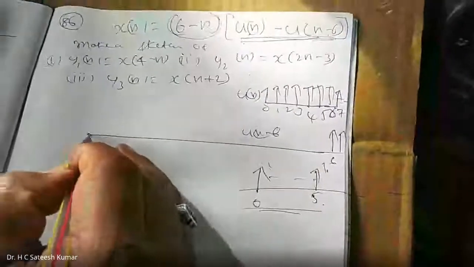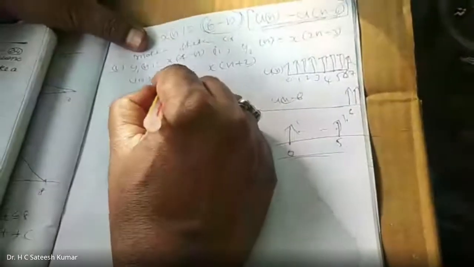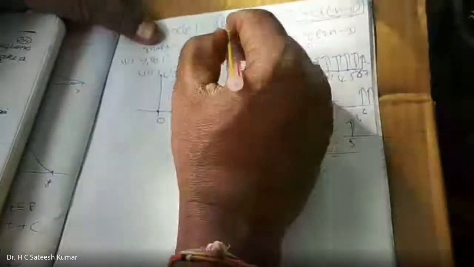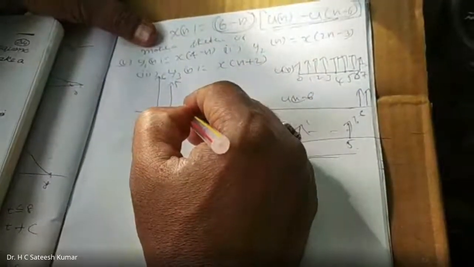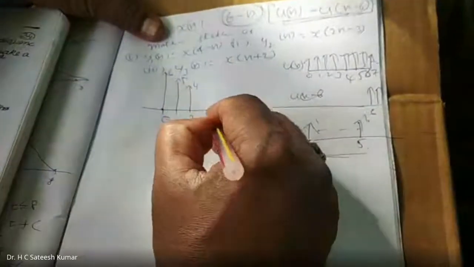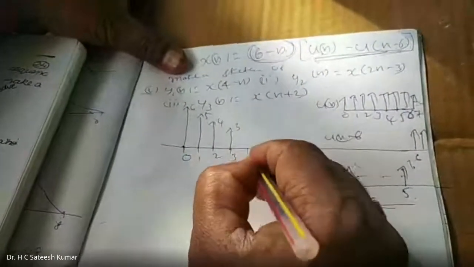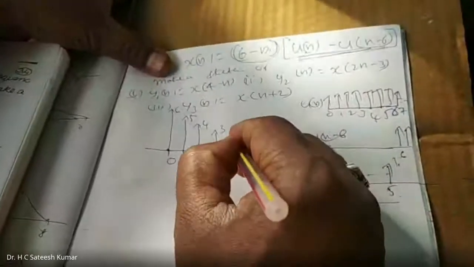Sketch the signal means starting from where? At 0, its value is 6. At 1, 6 minus 1 is 5. At 2, 6 minus 2 is 4. At 3, 6 minus 3 is 3. At 4, 6 minus 4 is 2.